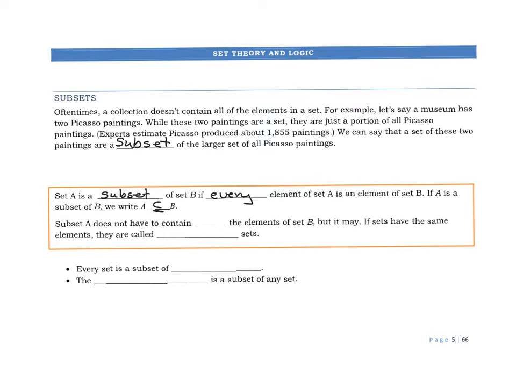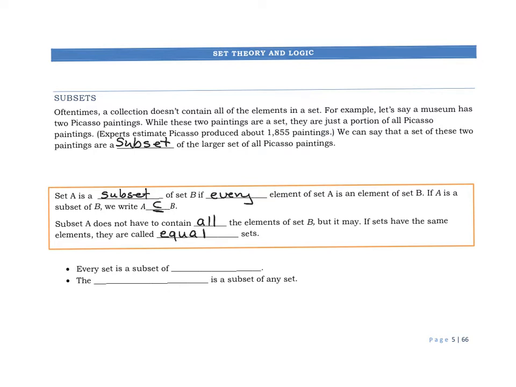So subset A does not have to contain all the elements of set B, but it may. If sets have the same elements, they are called equal sets. And we will need this definition of equal sets later when we talk about proper subsets.